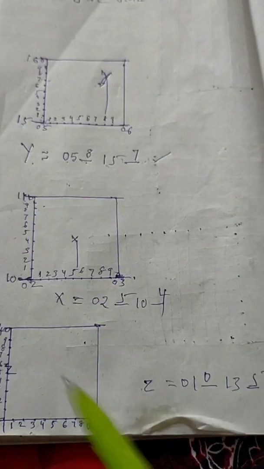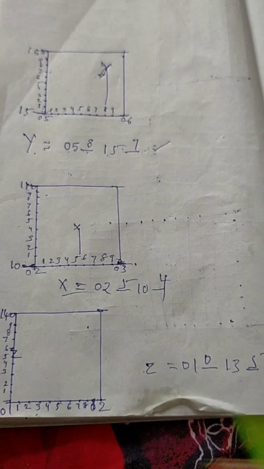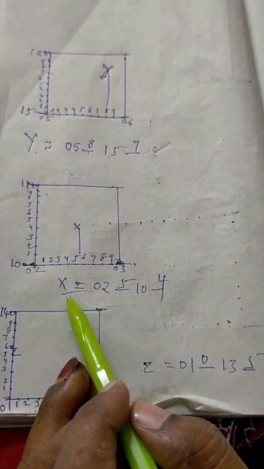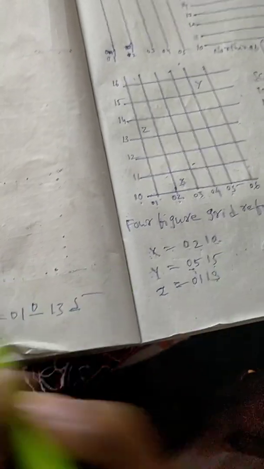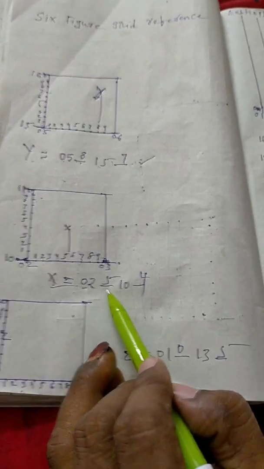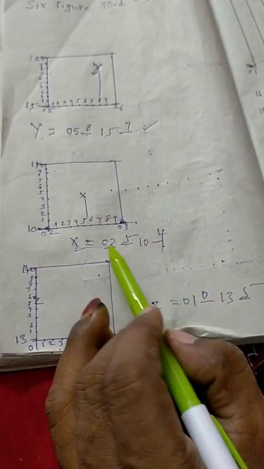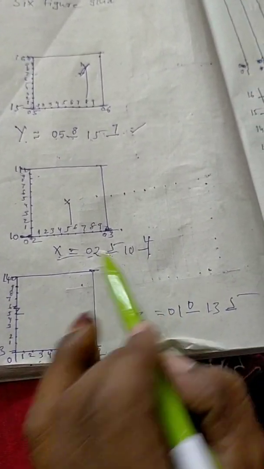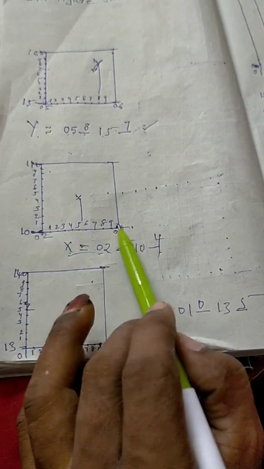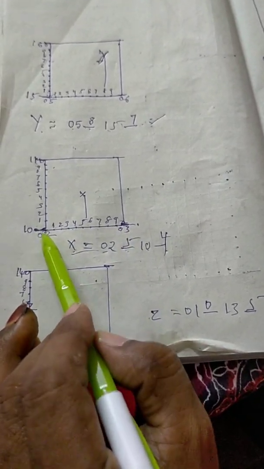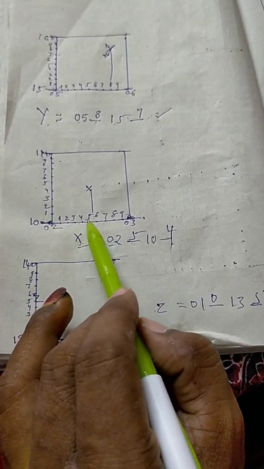Now we find out x. First x. What is the 4-figure grid reference of the x? 02 10. Now first we write 02 dash 10 dash, third figure and 6th figure. Now third figure we see that towards east 0, 1, 2, 3, 4, 5.